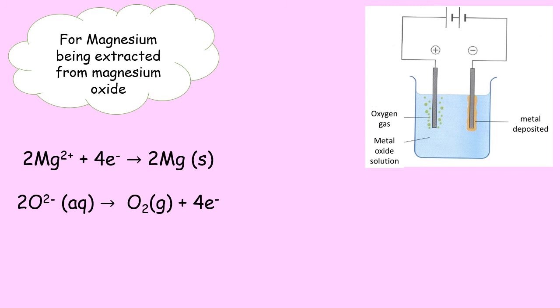On the other electrode, the oxygen ions are losing electrons to form oxygen. Where electrons are being gained, we call that reduction, and where electrons are being lost, we call that oxidation. Together, we call this a redox process, reduction and oxidation simplified to redox. And as I said, that will be a future lesson.